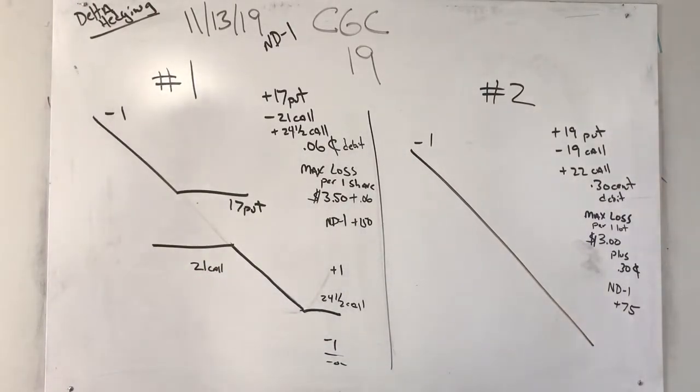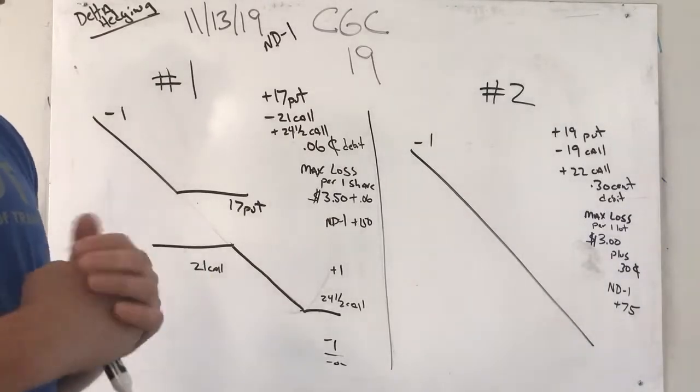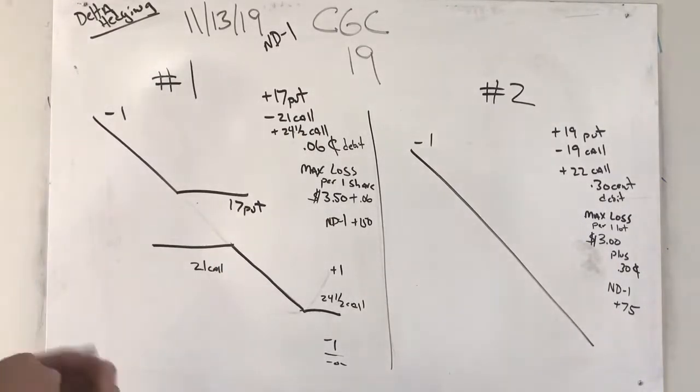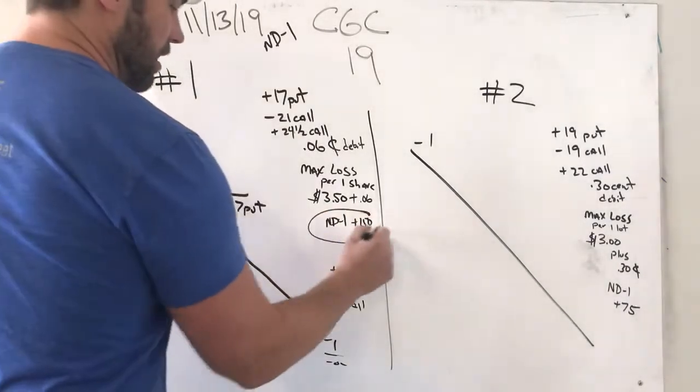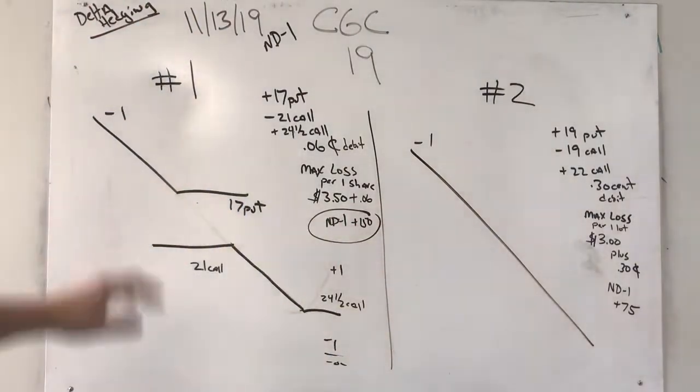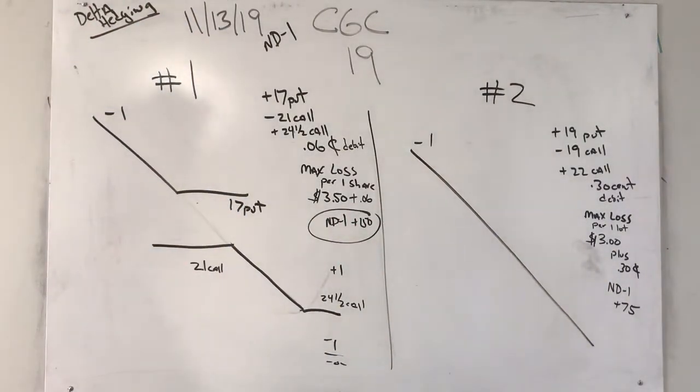So we have a $3.56 a share max risk. I suggested we do this 150 times to test this idea. So 150 times, $3.56 is our max risk.